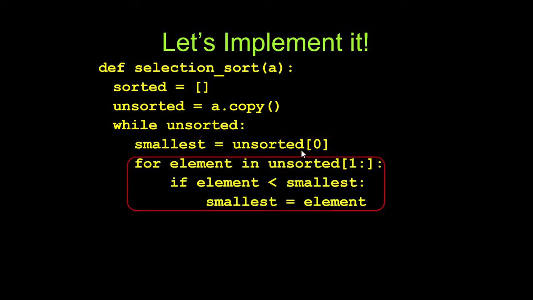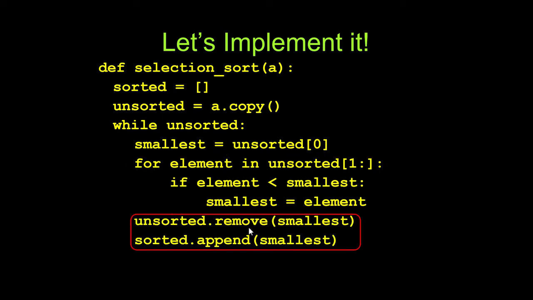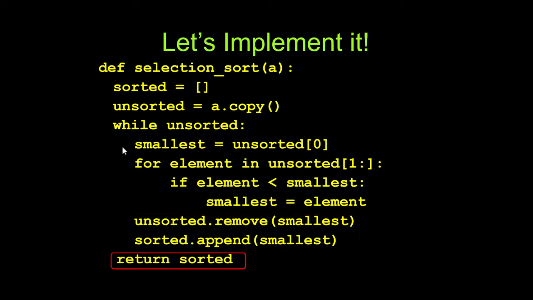Then we use a for loop to look through it to get the smallest among all the unsorted elements and assign it to be the smallest. At the end of the loop, we can remove the smallest from the unsorted list and add it to the sorted part. Once this while loop is finished, when unsorted is empty, we will return the sorted, which is the list of sorted elements in the input A.